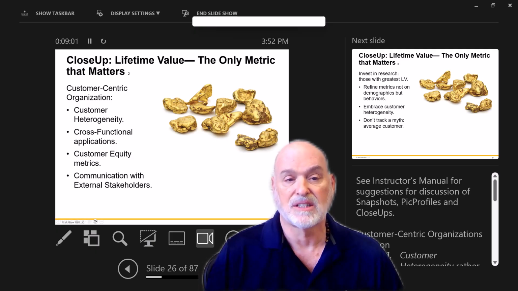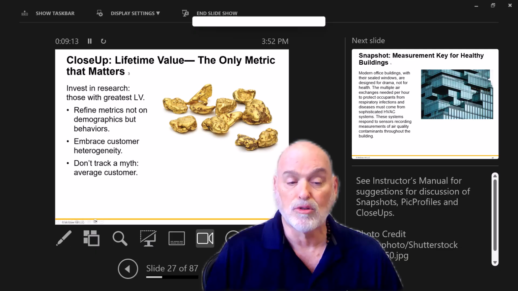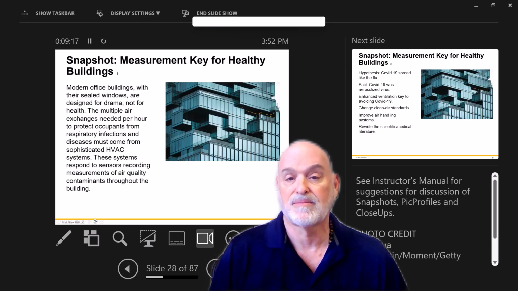That's the only metric that matters, lifetime value. Invest in research, those with the greatest LV, refine metrics not on demographics but behaviors, embrace customer heterogeneity, and don't track a myth, the average customer.